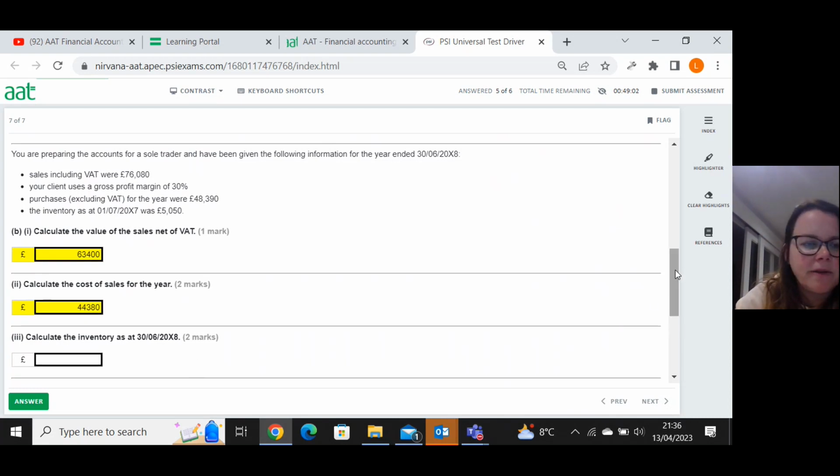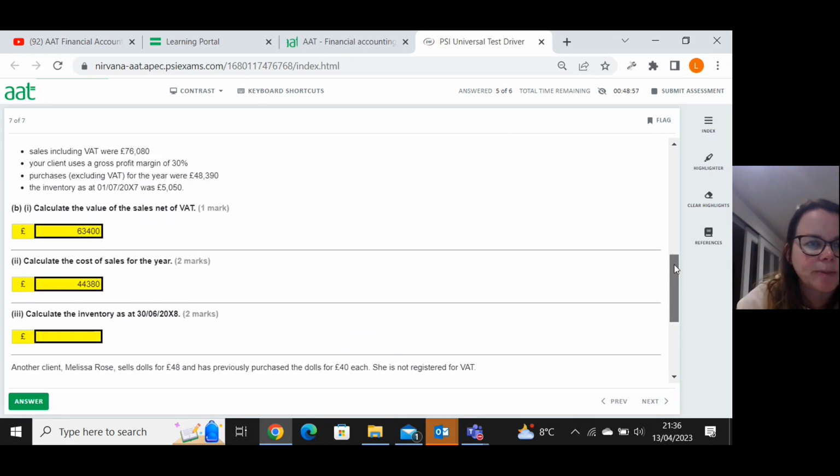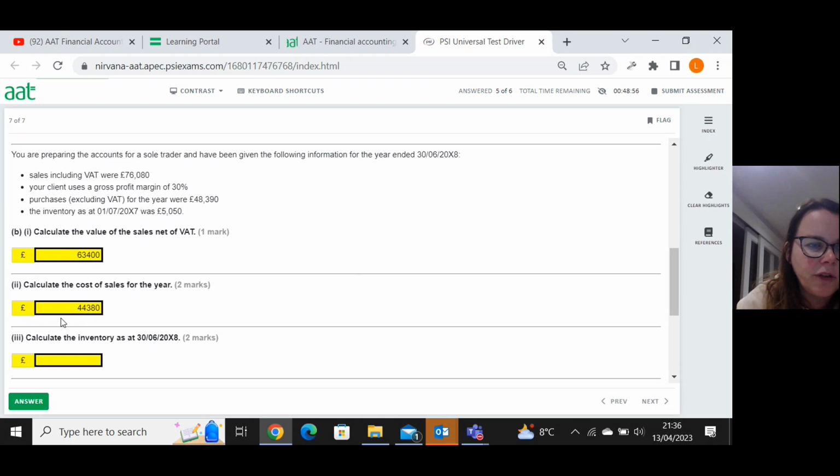And then the final part of this question is to calculate the inventory. Right, so I know cost of sales is 44,380, and I know that that's calculated as opening inventory plus purchases take away closing inventory.